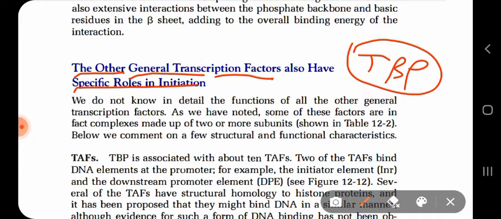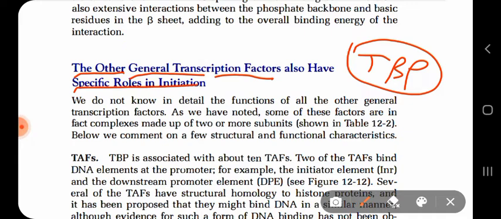The TATA box binding protein, with the help of the beta sheet, well, alpha helices and beta sheets are the secondary structures of the protein that fold onto themselves to form that stabilizing structure.